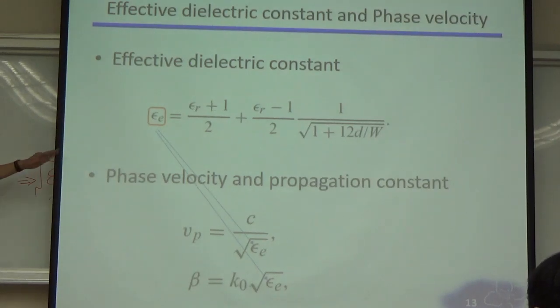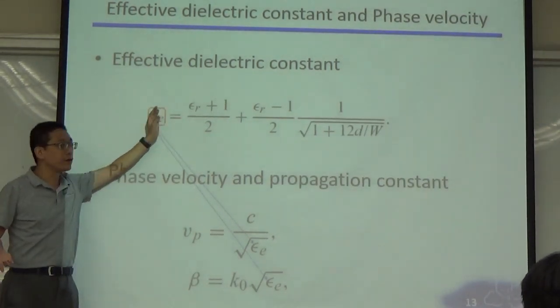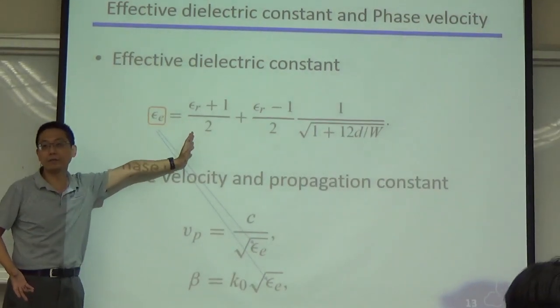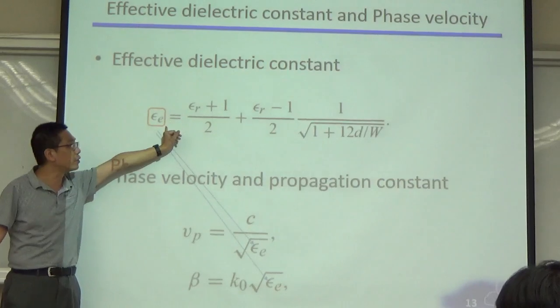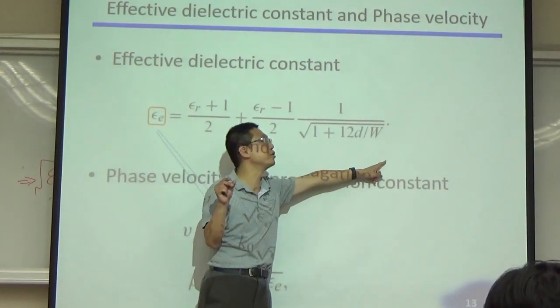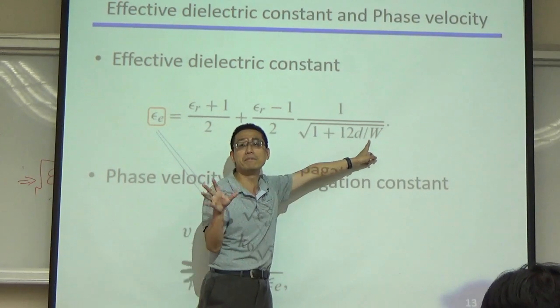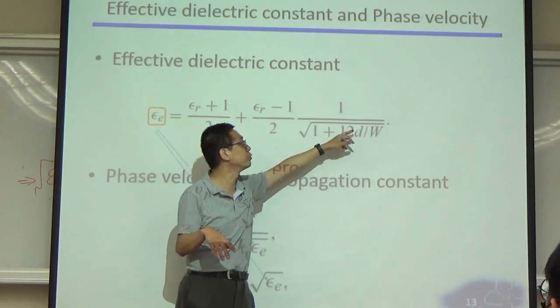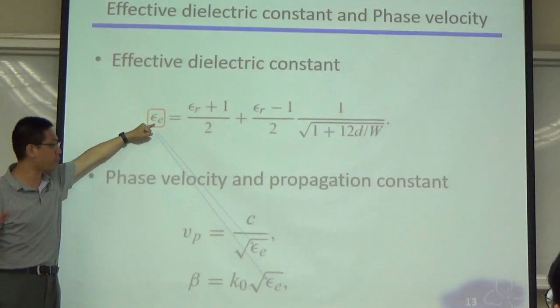Epsilon E, you will use this one. Okay? Ugly equation, but just the equation. You not only use epsilon r, but also you need the dimension, the geometry of your microstrip line. Put the numbers in. Actually, you need a ratio. For epsilon E, no problem, right?